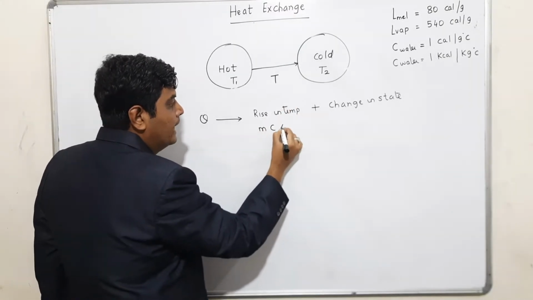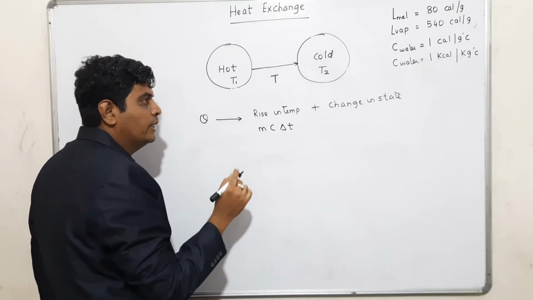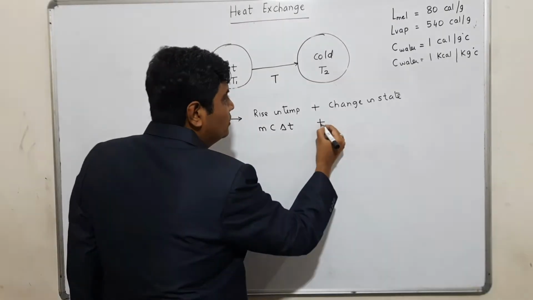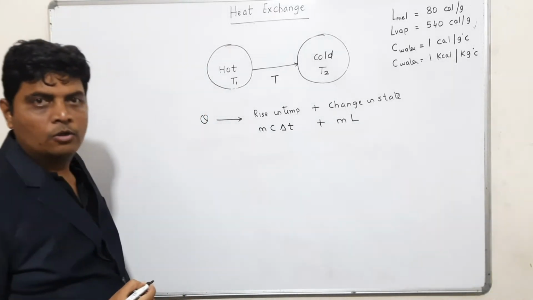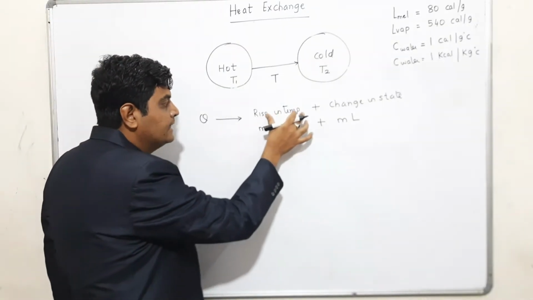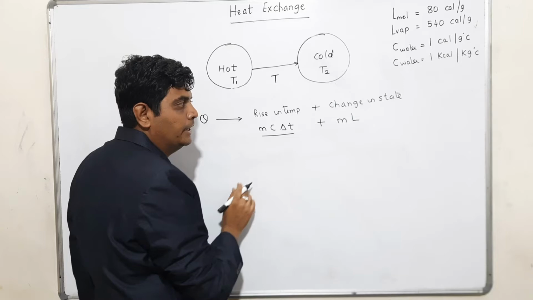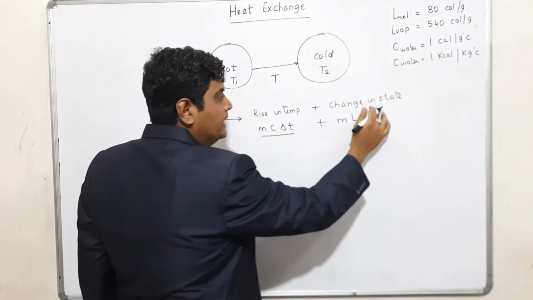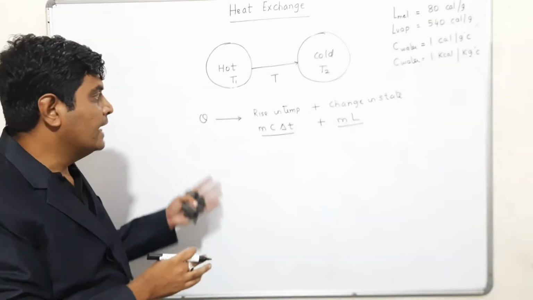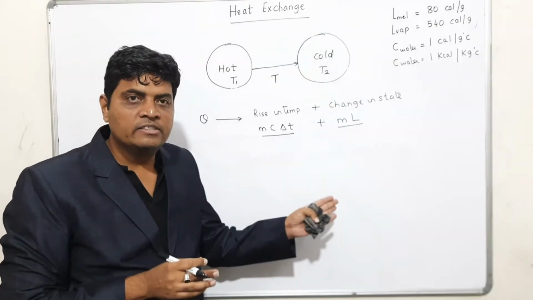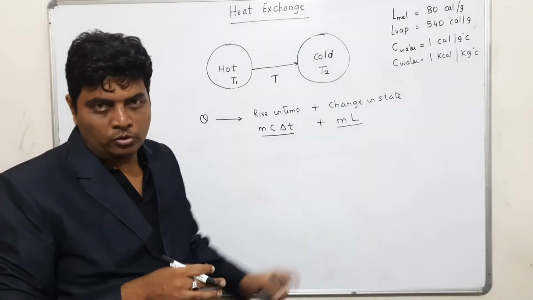It is m c delta T. And what is the heat for a change in state? It is m into L. If there is only a rise in temperature, it will be m c delta T. If it is only a change in state, it will be m into L. And if both a rise in temperature as well as a change in state take place, we will have to take both.